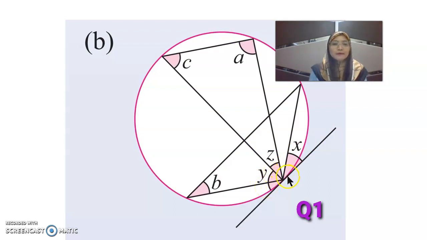Let's do B. Can you see there are two triangles in the circle? Let's see the first triangle.